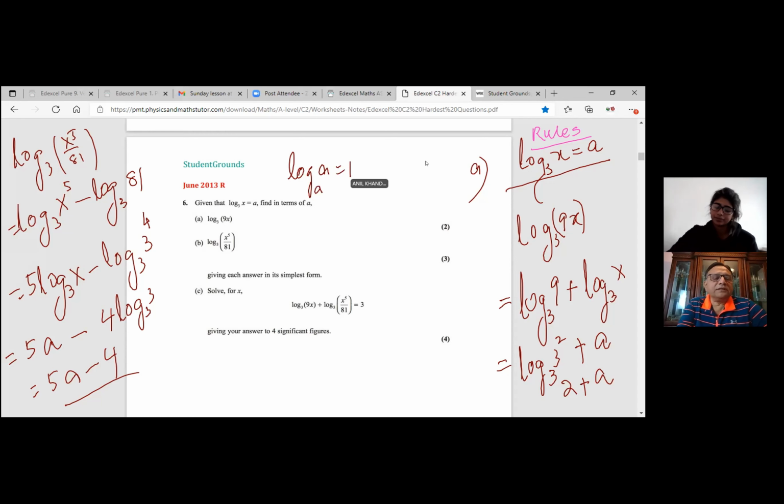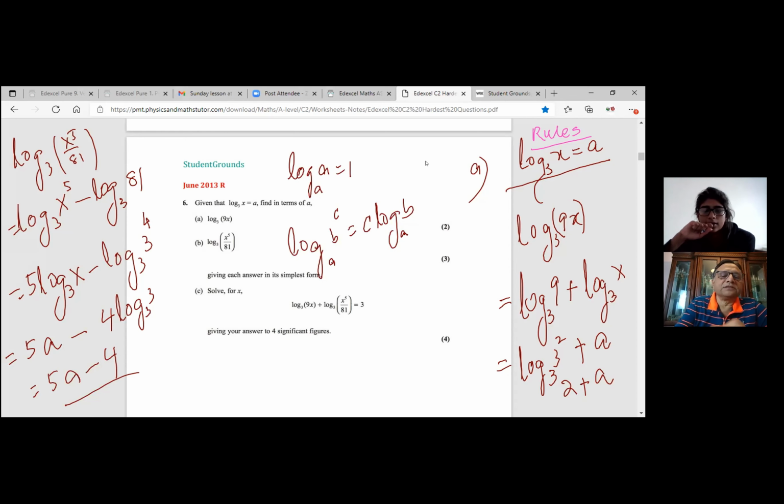So using this, we can use this rule. And we also use the log rule that log a of b to the power of c is equal to c times log a of b, right? So these two rules we have applied, apart from the product and the quotient rule. Perfect. So this is clear to you? Very. Okay.